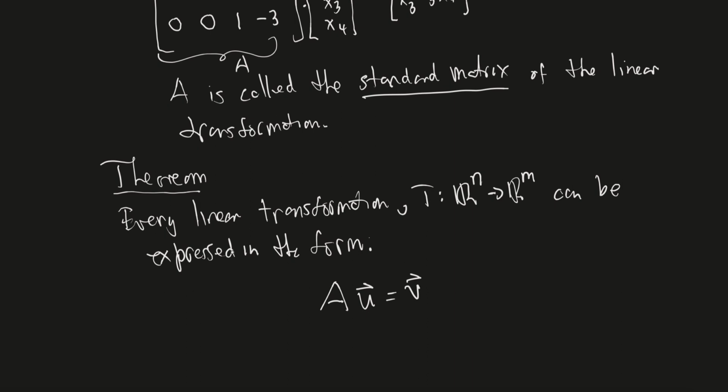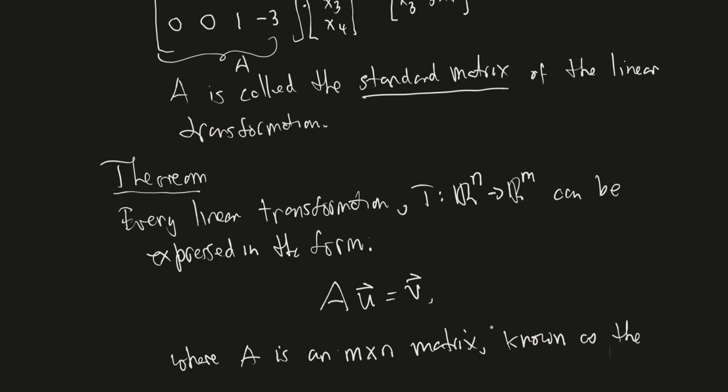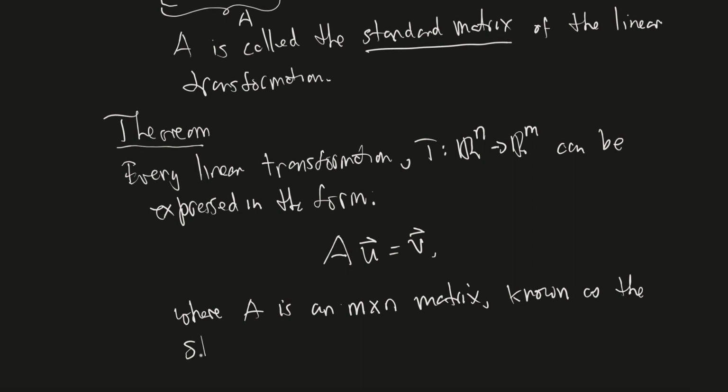So expressed in this form, where A is an M by N matrix, known as the standard matrix of T.